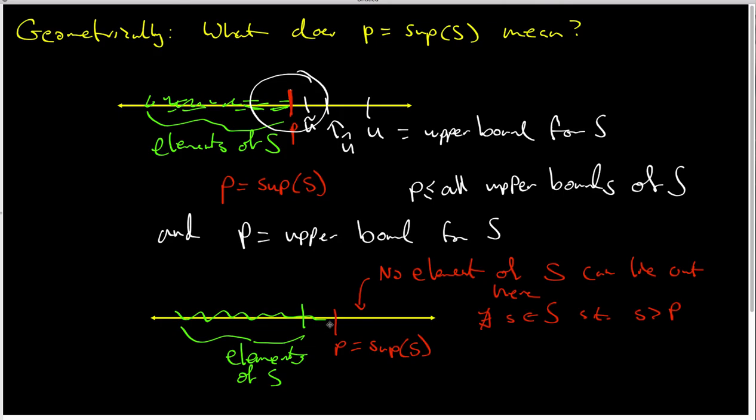But on this other side, I want to think about that as well. So what about over here? Let's think in terms of little delta balls. So here's my number line, and here is P, which is equal to the sup of S. And I'm going to think about, what if I have some A down here?